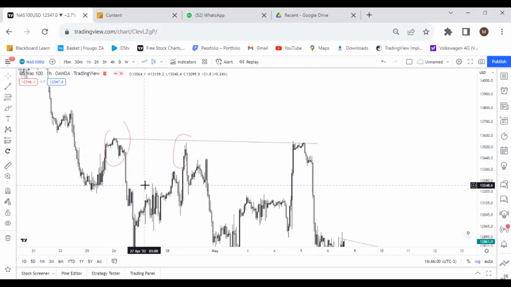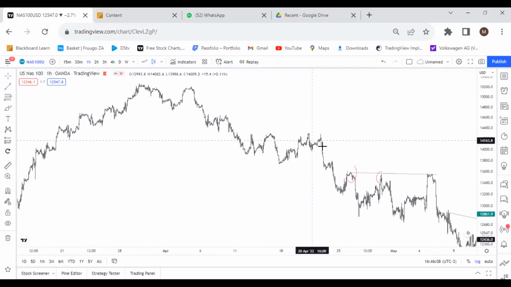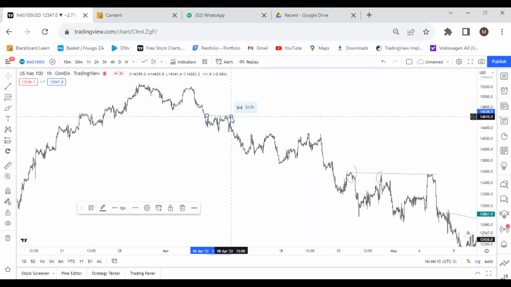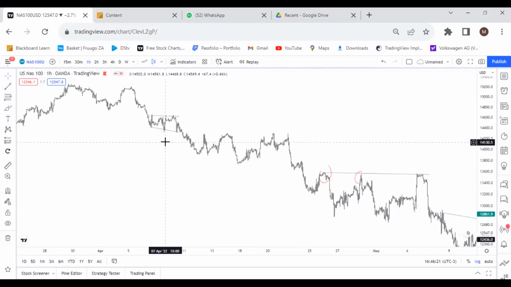So even if it's in a correction, you still get these opportunities, because the goal is to recognize the smaller corrections, even within a big correction. You can see we had a couple of corrections to the downside.